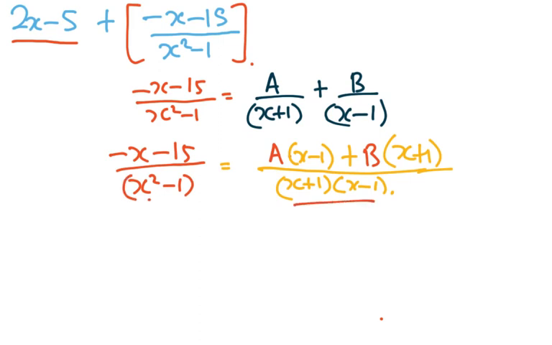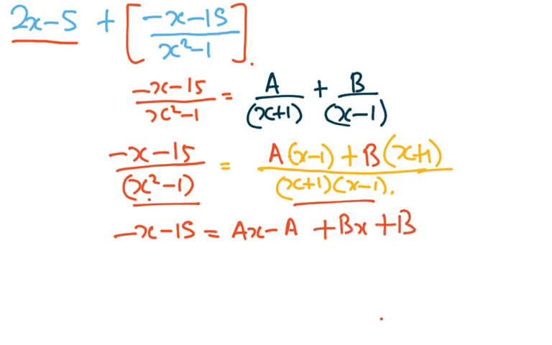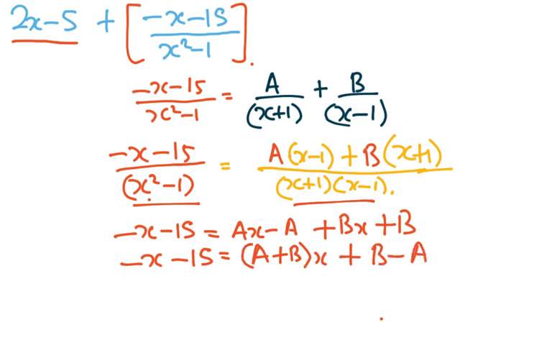So the numerators are the same: negative x minus 15 equals ax minus a plus bx plus b. So negative x minus 15 equals a plus b, that's the x coefficient, then plus b minus a. Let's compare. a plus b equals negative 1, and b minus a equals negative 15.